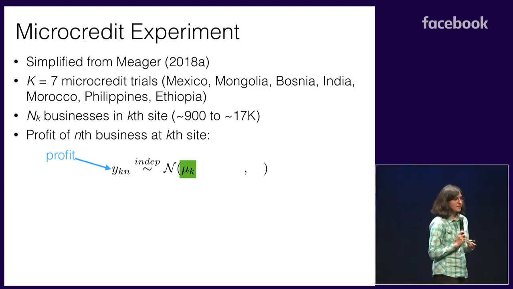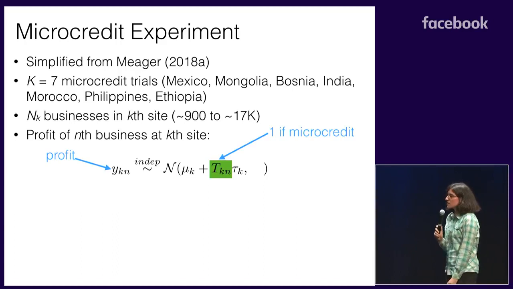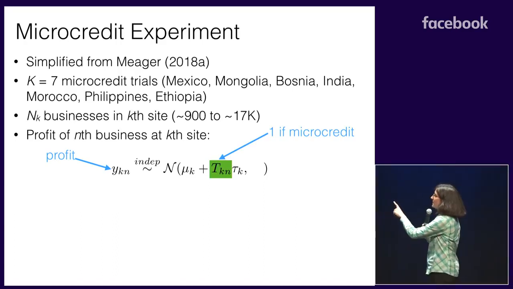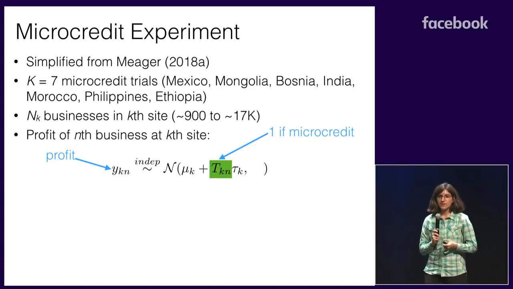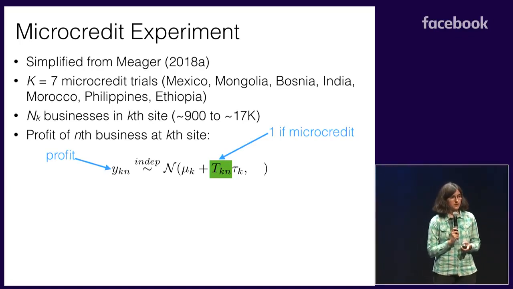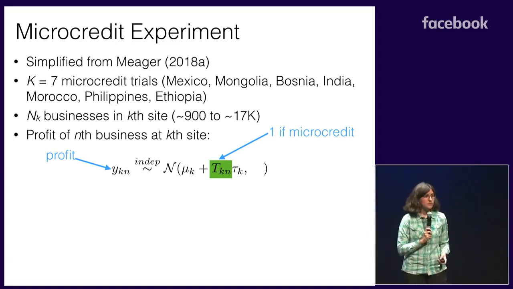That's the base business profit at the kth site before microcredit happens. And then we have some term that has to do with microcredit. T sub kn is an indicator function that says whether or not this business received microcredit. So it's 1 if the business received microcredit, it's 0 if it did not. In particular, if it's 0, we just don't get this second term at all. And if it's 1, we do get the second term.